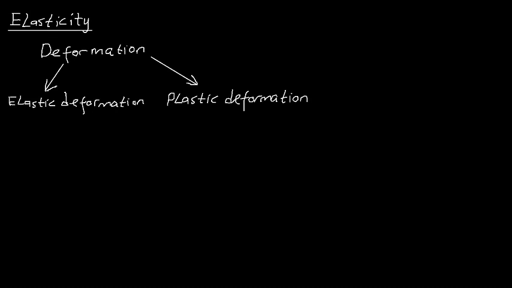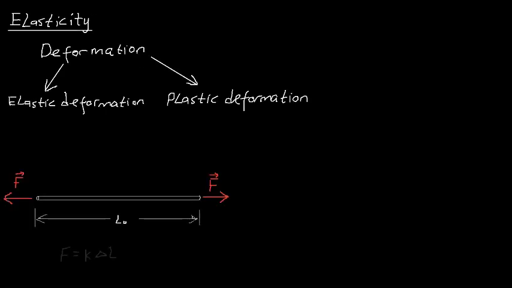Now that we know what elasticity is, and we know that applying a force to an object can cause it to deform, let's talk about how the quantity of the applied force relates to the amount of deformation the object experiences. Let's say we apply a pulling force, and let's call that pulling force F, to a wire of initial length L0.